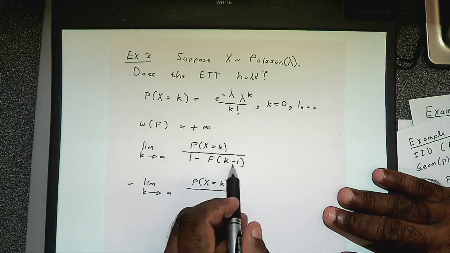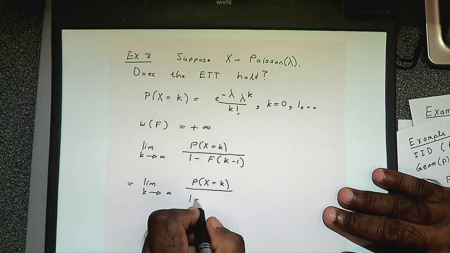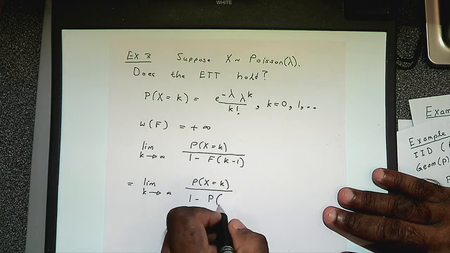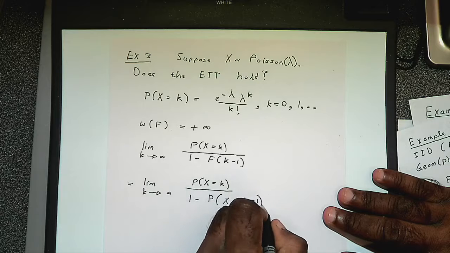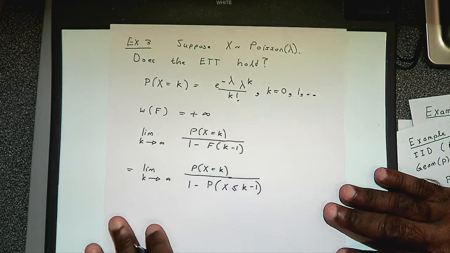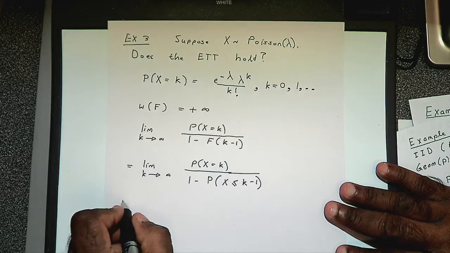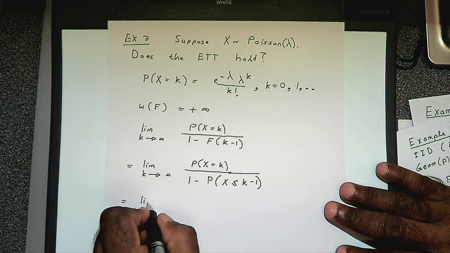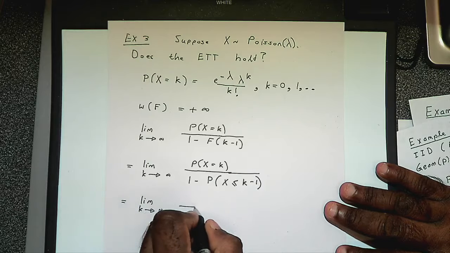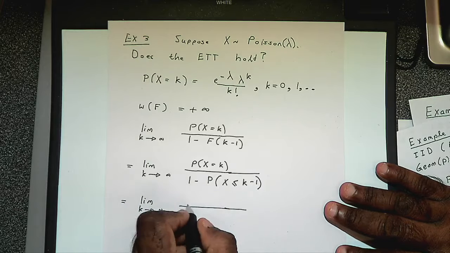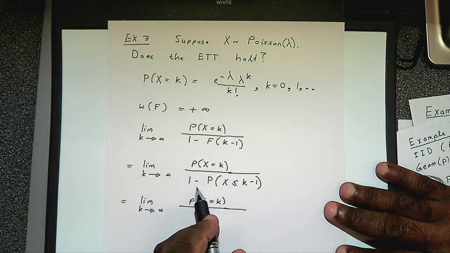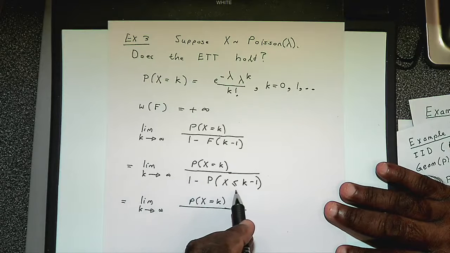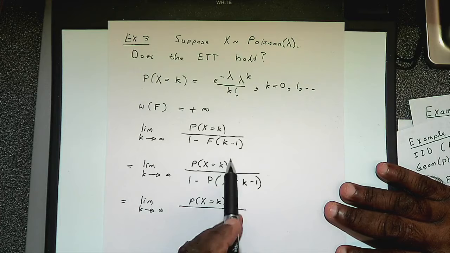Now this you can write as... Now 1 minus the probability that x is less than or equal to, this is the definition of the CDF, right?